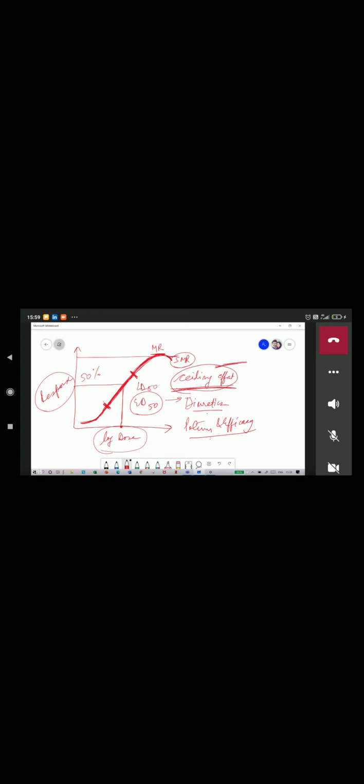What is ceiling effect, anyone? Ceiling effect is on increasing the dose, the response is decreasing. You can see the dose is increasing. ये dose increase हो रही है ना यहाँ पे, but response maximum से कम हो रहा है, so this is ceiling effect. It is shown by diuretic, high ceiling diuretic.